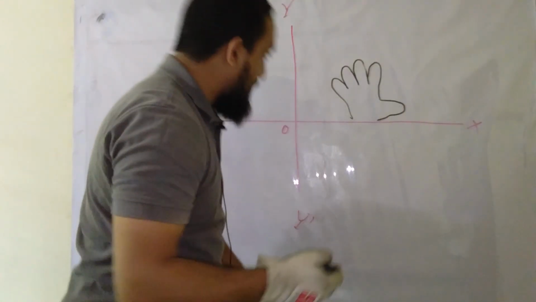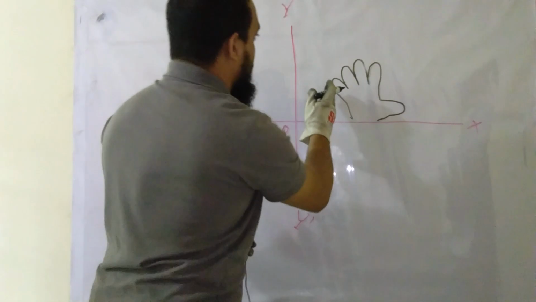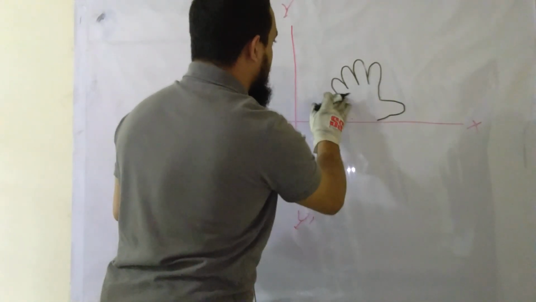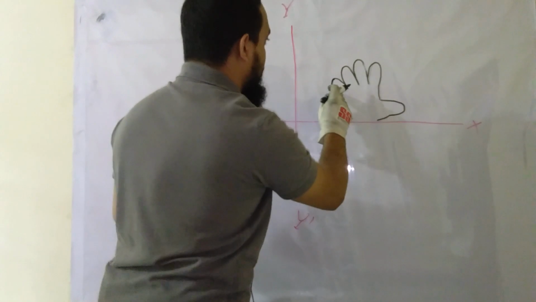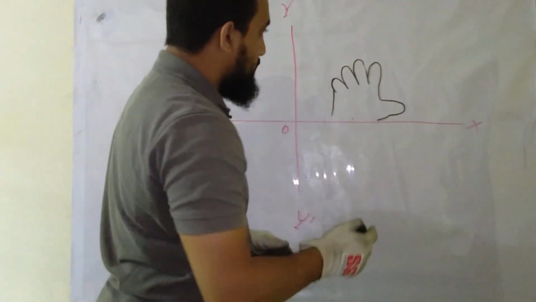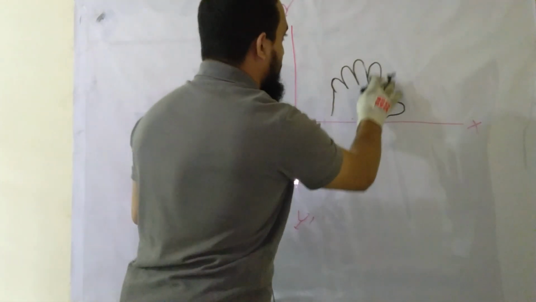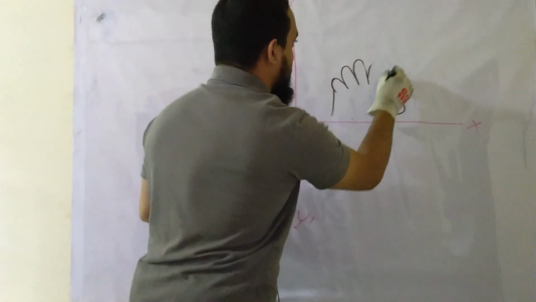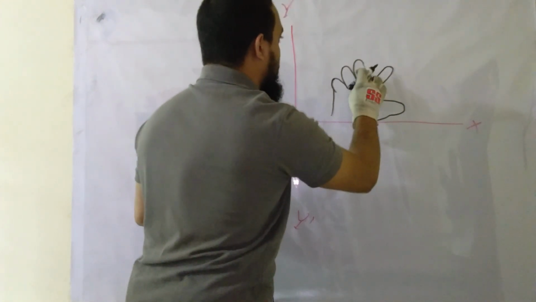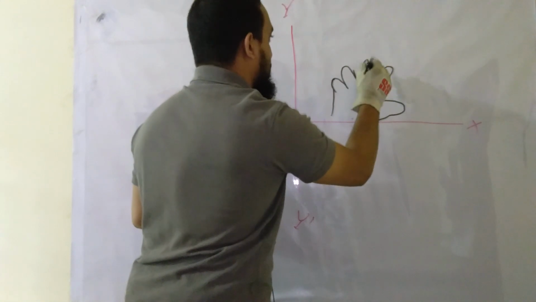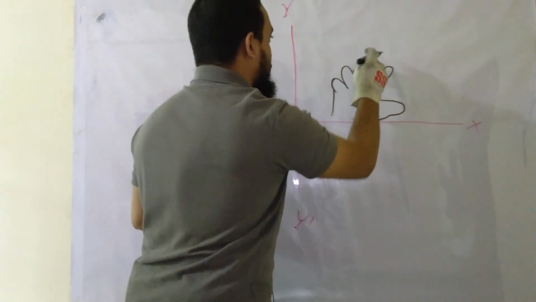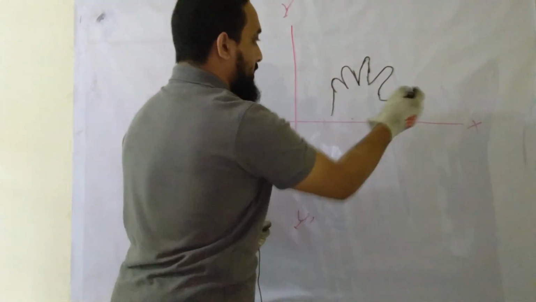I'm getting something like this, where I consider this one, look, it's going to be like this. This is my little finger. Okay, so this is my little finger.